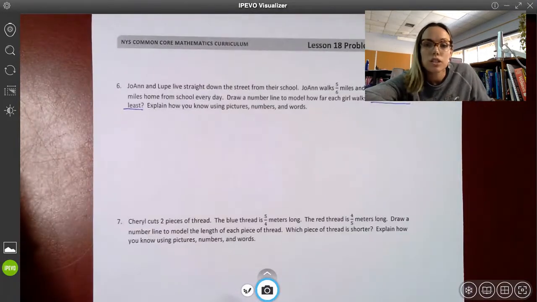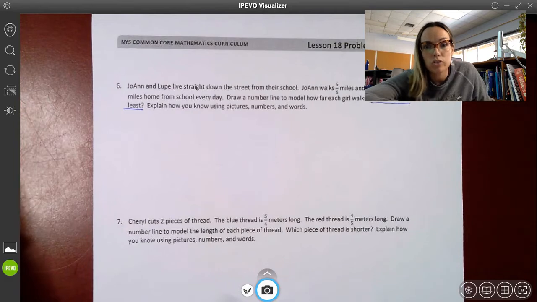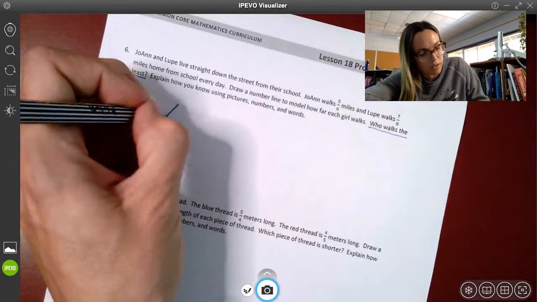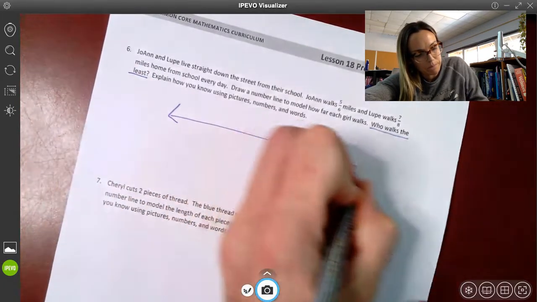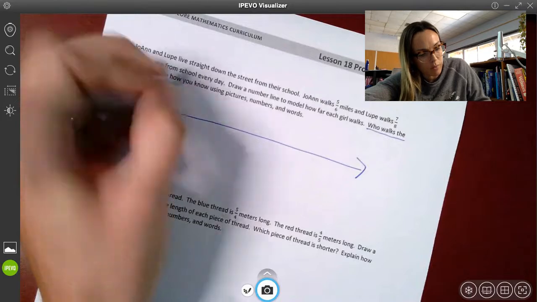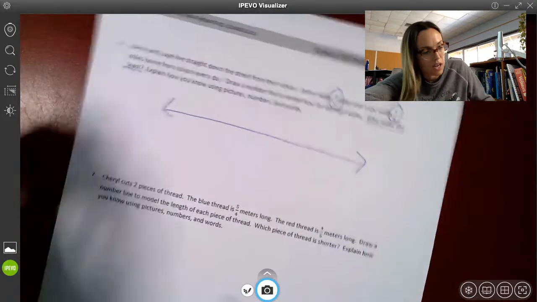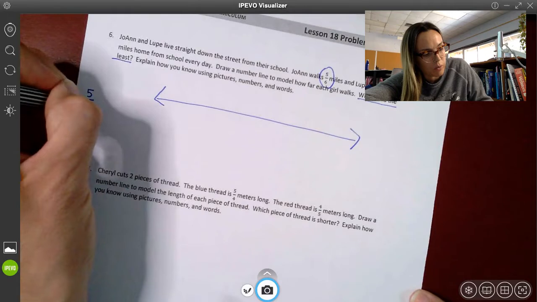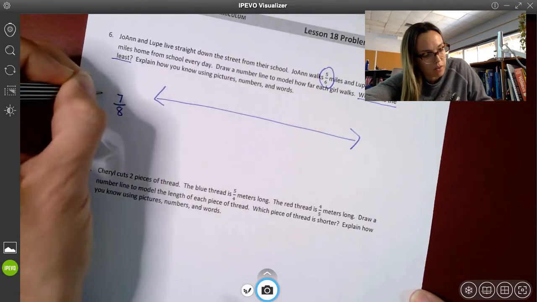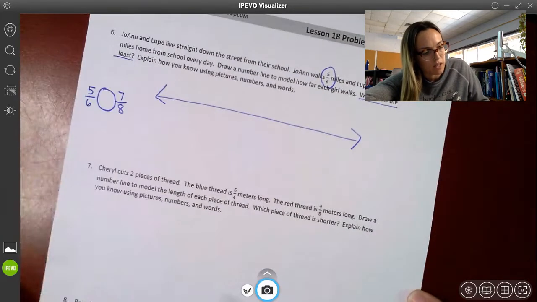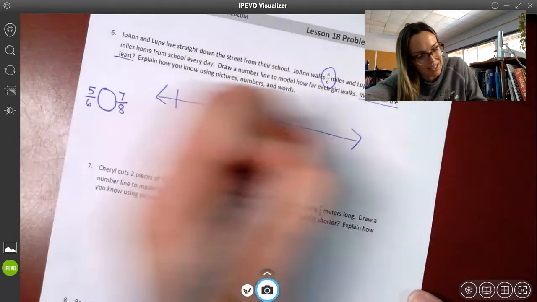So this is the same as what we were doing before, but we're just creating our own number lines, right? So I can start by, I'm comparing 5/6 and 7/8, just like what we were doing before. 5/6 and 7/8. So I'll start by partitioning into 6.